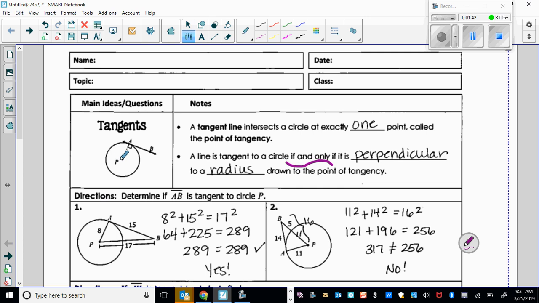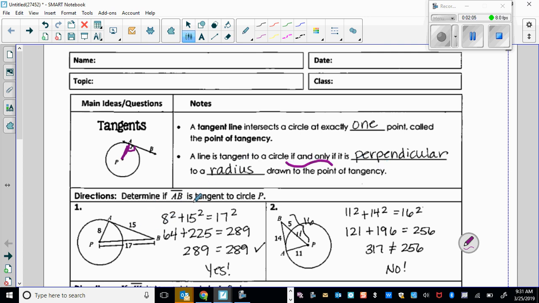From P, when you draw a line to the point of tangency, PA is the radius. If A is the point of tangency, the radius is always perpendicular to the tangent line. A line is tangent to a circle only if it's perpendicular to the radius.